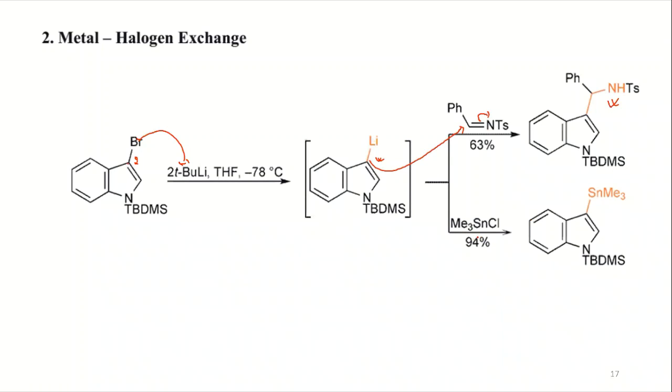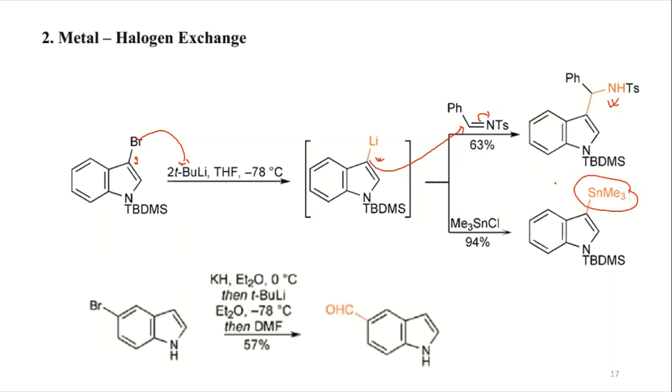Similarly, if you use a stannic system, trimethyl tin chloride, it will attack the tin and you have incorporation of tin. Another reaction, in a similar way: if you have halogen at the benzene ring, that can also do the same type of reaction.